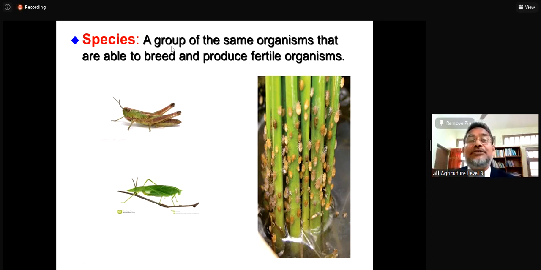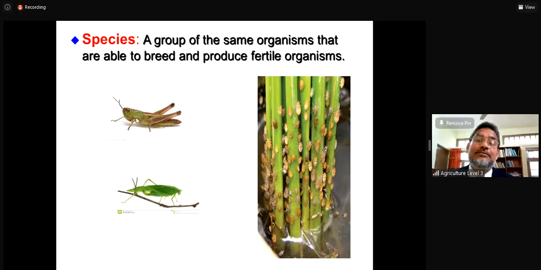So what is a species? A species is a group of the same organisms that are able to breed and produce fertile offspring. This particular grasshopper will not breed with this one. There will be no mating with this one. But individuals of the same species, the same grasshoppers, can breed among themselves.